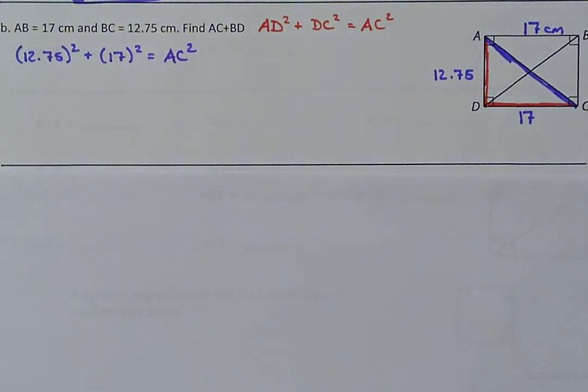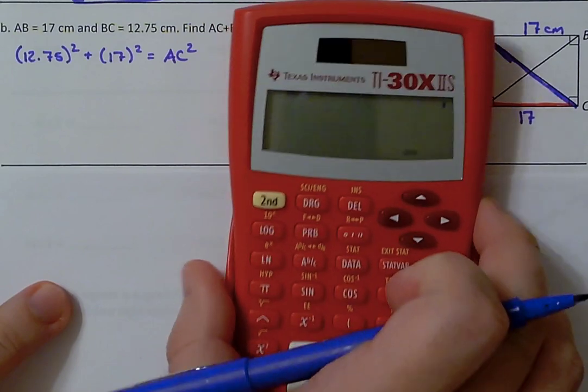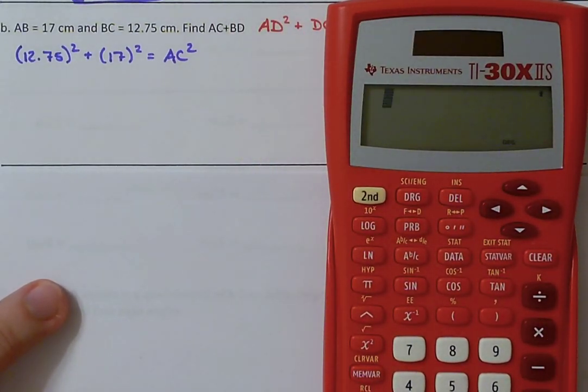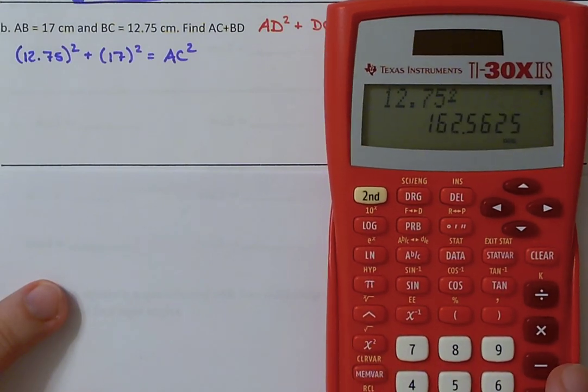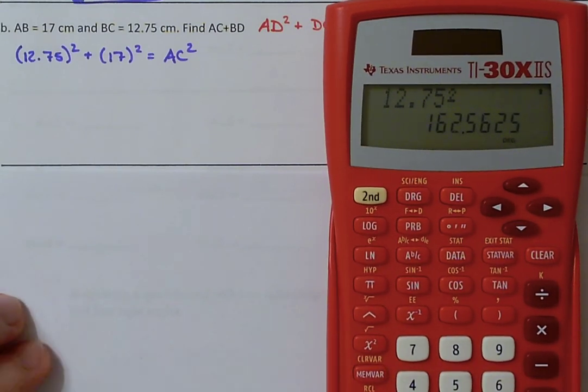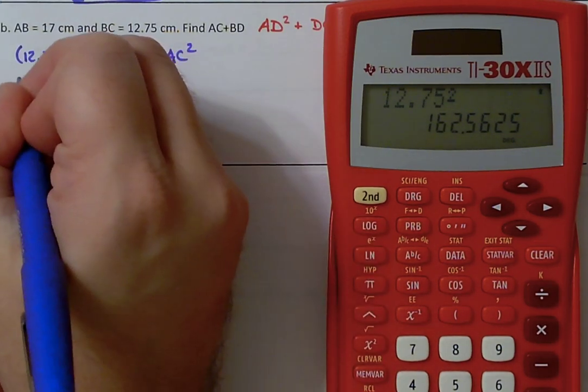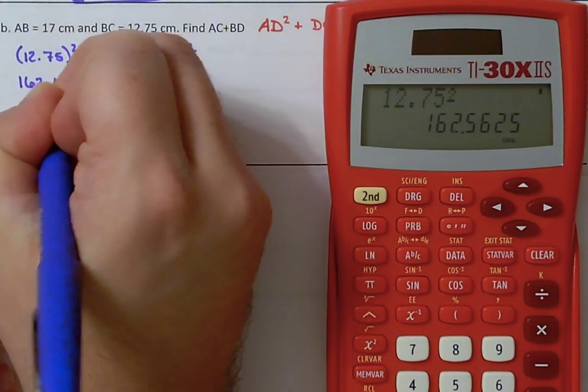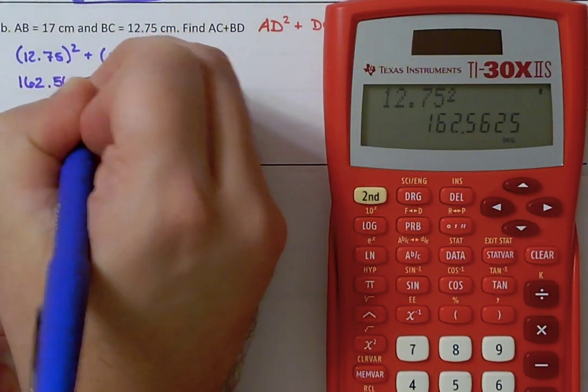Then from here, you're just going to solve for AC. We're going to square the 12.75 and 17, add them together, and then take the square root. So if we do 12.75 squared, and I'm going to write this whole decimal out, we end up with 162.5625.